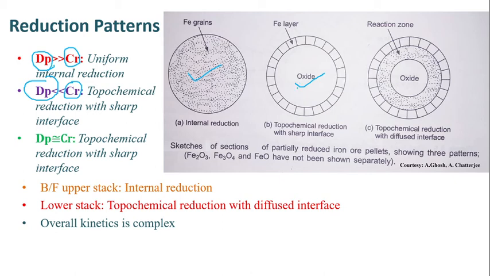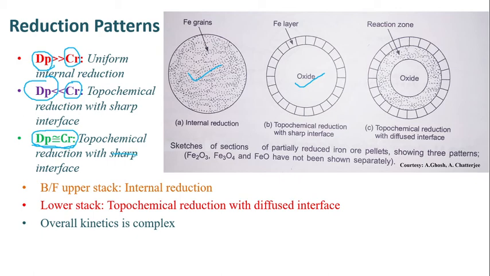And the third one, topochemical reduction with a diffused interface. When the chemical reaction rate is comparable with pore diffusion, that means both are comparable to each other, then the interface will be diffused.